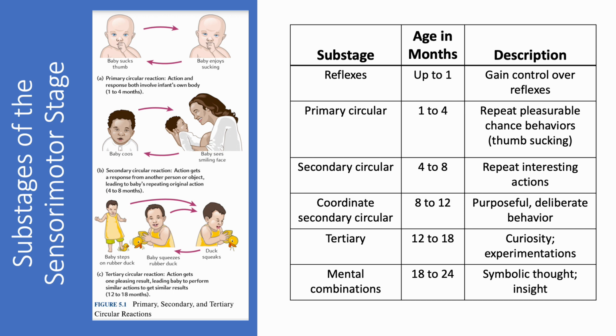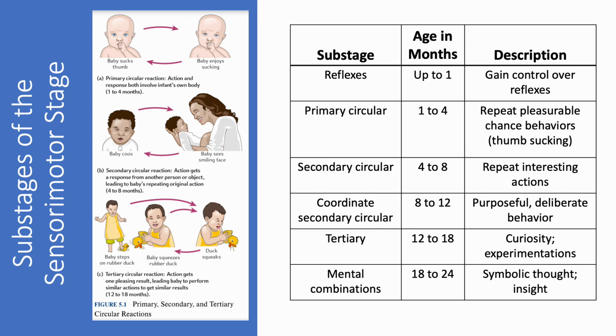And then the mental combination substage is 18 to 24 months, and it is a period of symbolic thought and insight. The infant progresses to toddlerhood through the 6 sensorimotor substages, from birth to 24 months.